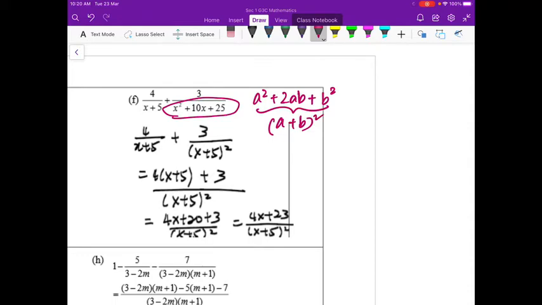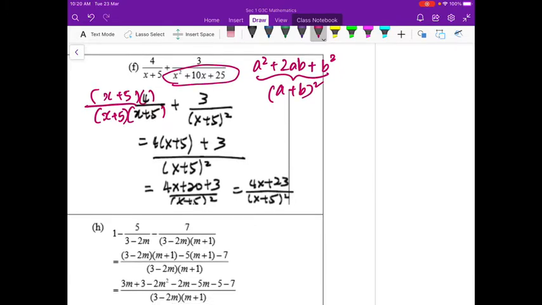And we notice that we already have the same a plus b over here. So all we need to do is to multiply this denominator with the same, or rather we square it, or we can say we multiply by x plus 5. Then in the numerator, x plus 5 again. So do your simplification and your final answer will be 4x plus 23 over x plus 5 squared.